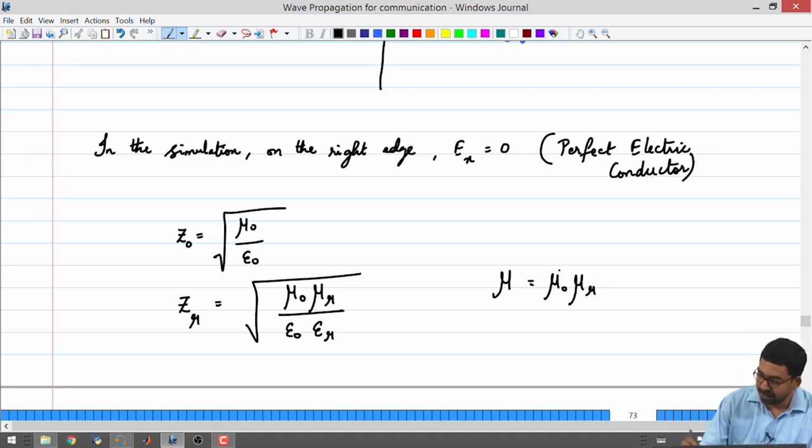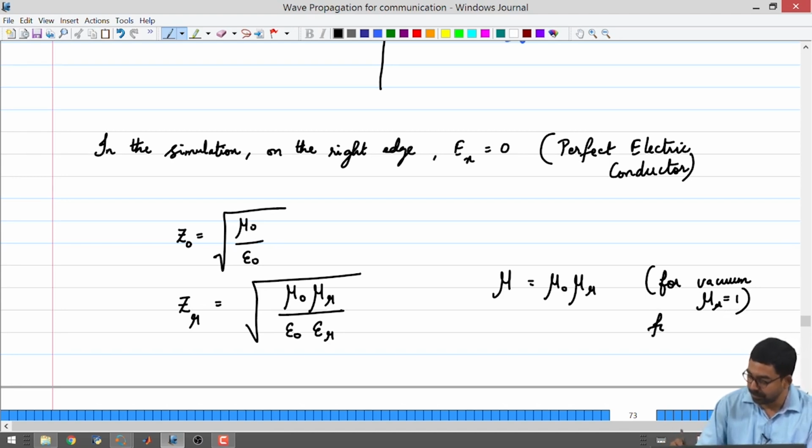So, this is your vacuum permeability and mu r is some number. Usually it is a positive number, and mu r is greater than or equal to 1. For vacuum mu r is equal to 1. For other media there are some constraints.